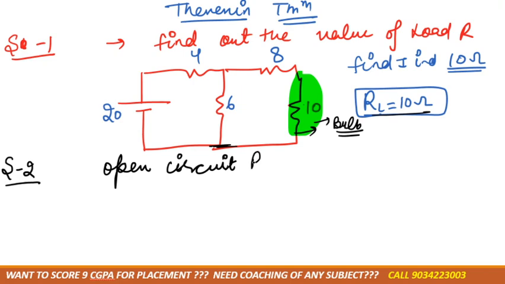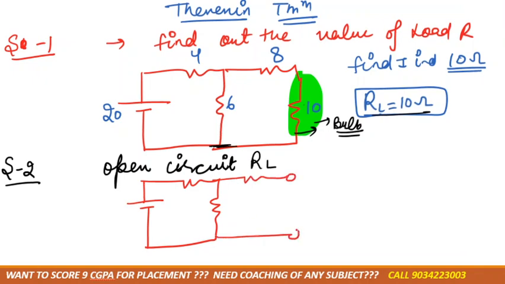Now open circuit RL. Open circuit RL means we need to remove RL. Okay, we remove. Now see how can you remove it? Like as I told, your home, you have to use your imagination power. This is your home, okay, and you are RL. You are 10 ohm.